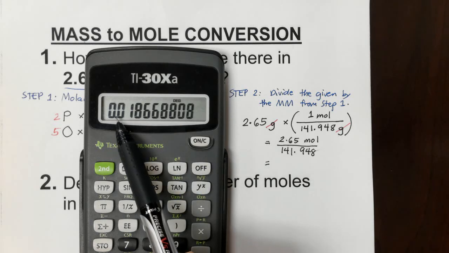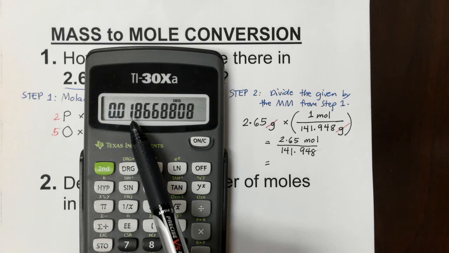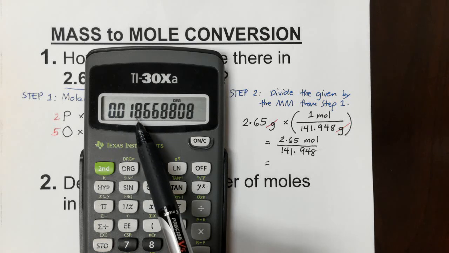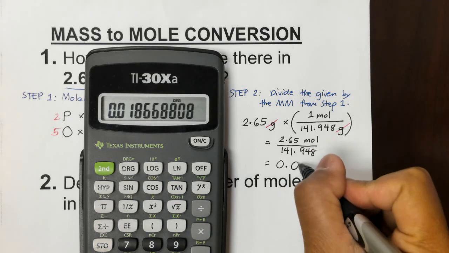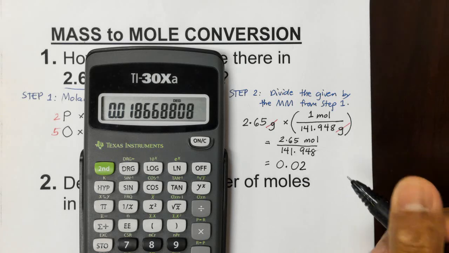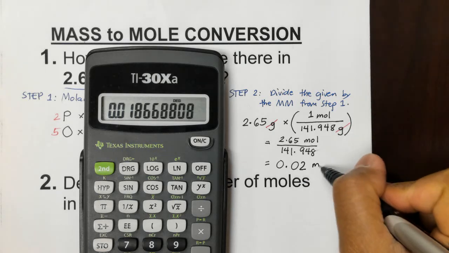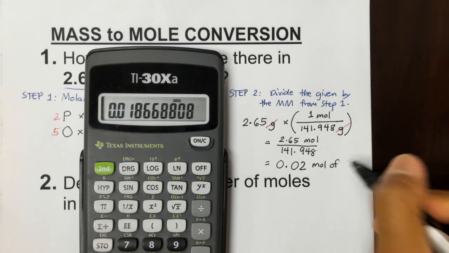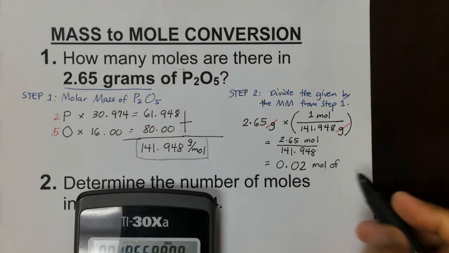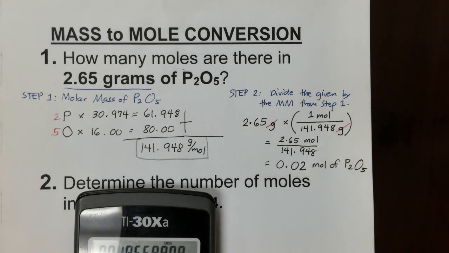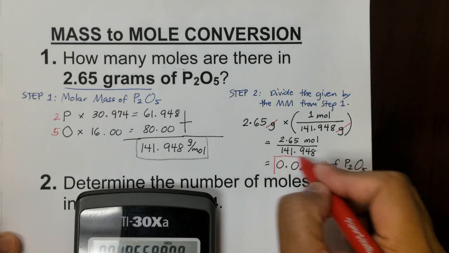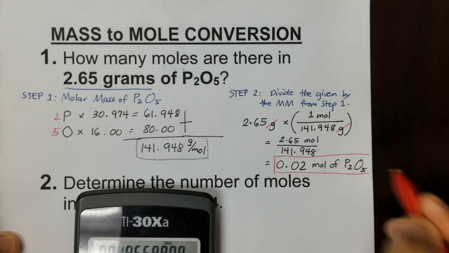So your decimal point is here, so we pick 0 and then the 1 after that. But 1 is followed by 8, so the 1 will become a 2. So that's going to become 0.02, and then the unit will be mole of our substance, P2O5. And that is the final answer for our sample problem.